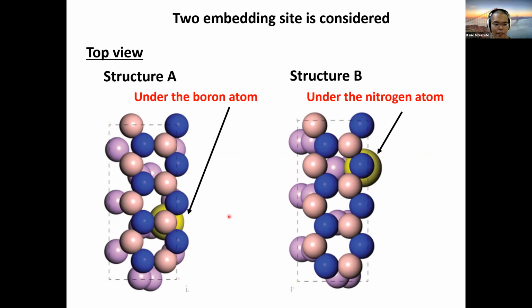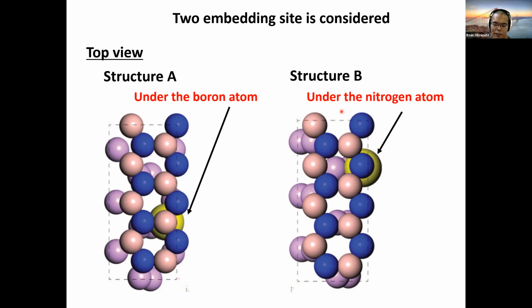One is under the boron of the hBN monolayer, shown in this figure. This model is labeled structure A. And another one is under the nitrogen of the hBN monolayer, shown in this image. This model is labeled structure B.